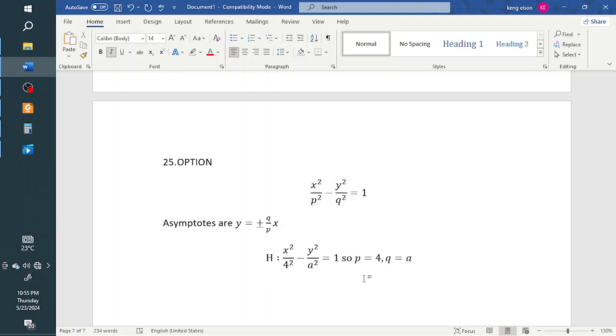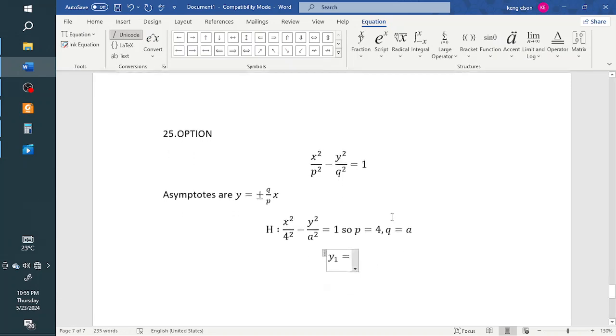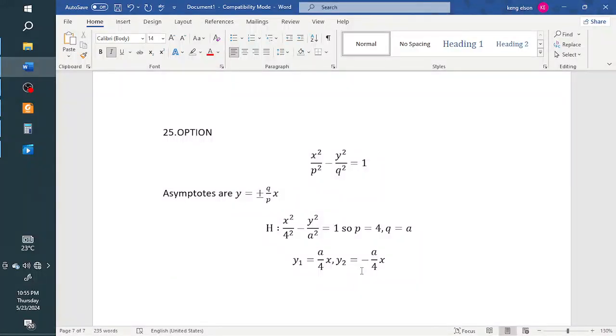So the asymptote y1 will be, if we take plus q on p, a divided by 4 times x, and the next asymptote y2 will be minus a divided by 4 times x. Now the gradient of the first line is a over 4 and the gradient of the second line is negative a over 4.